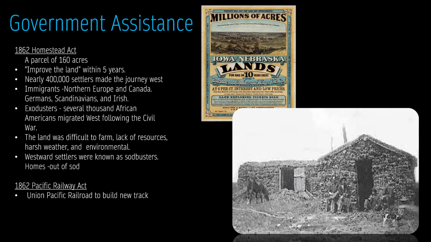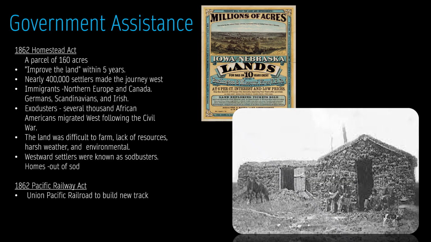So just look at that house and imagine trying to live in that and deal with the conditions that are going to come from the weather. You're going to eventually have John Deere's steel plow. That's going to help a lot, and it's going to help cut through this thick sod that is the land out here in the Great Plains.